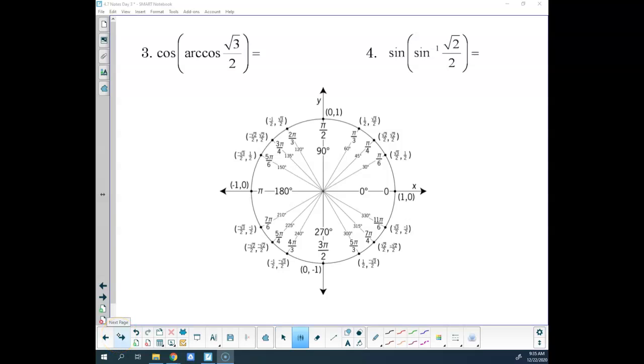We've got arccosine of √3/2. That's the top half of the circle, and that would be right here at π/6.